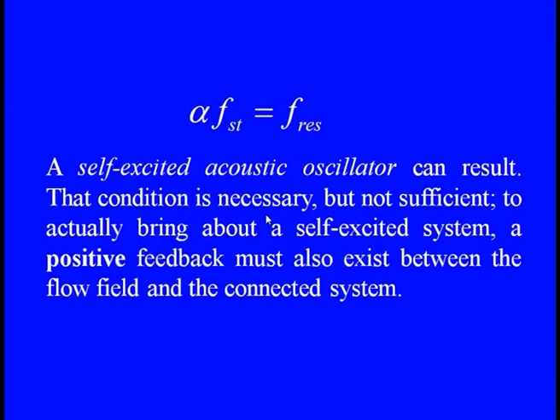So we can say alpha f_st is nothing but equal to the resonant frequencies, and this condition comes under the self-excited acoustic oscillation feature. And this condition is really necessary, but sometimes it is not that significant, because this is a self-excited system, and we know that a positive feedback can always be there between the flow field and the vibration fields.